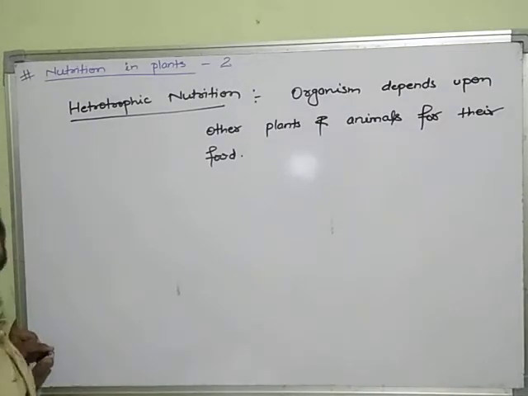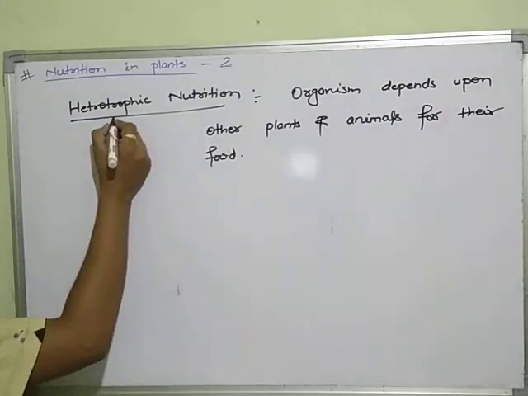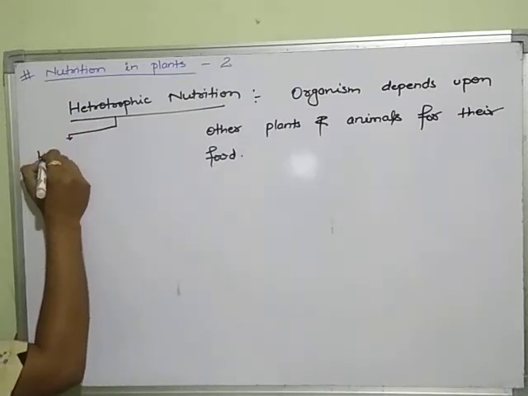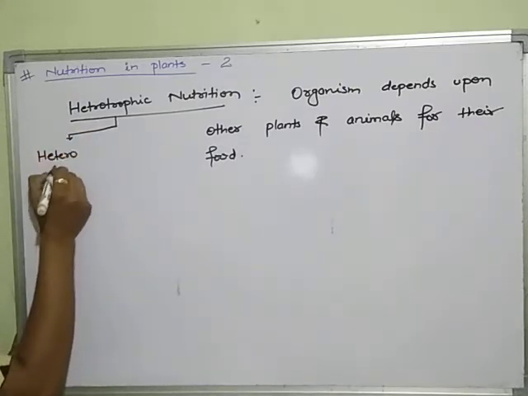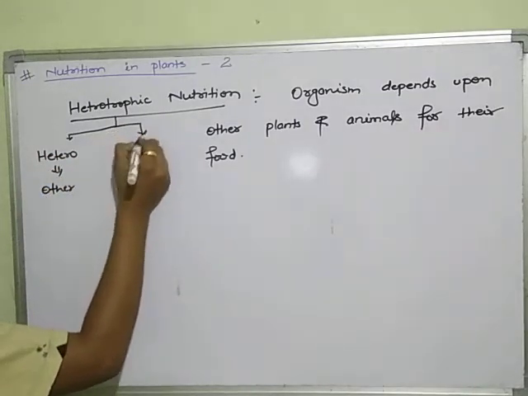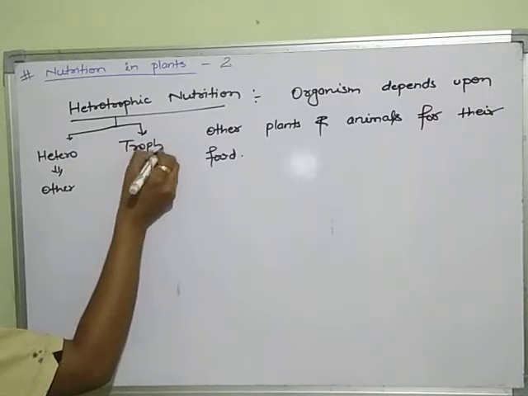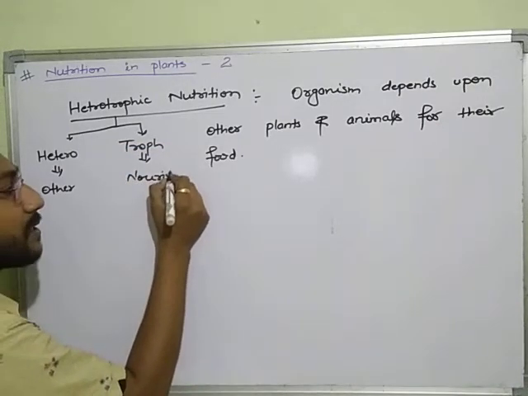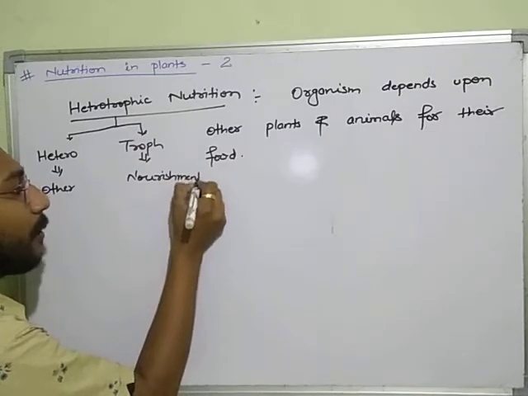In the last class I have already told you that this word heterotrophic is derived from hetero, that means other, and troph, that means nutrition, nourishment. Okay, in the previous video I have already told you about this.